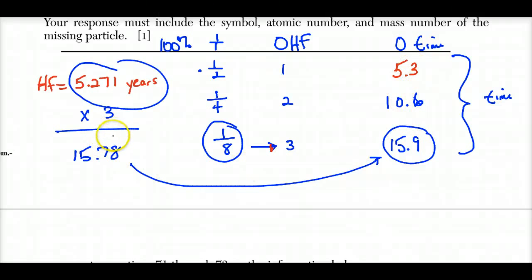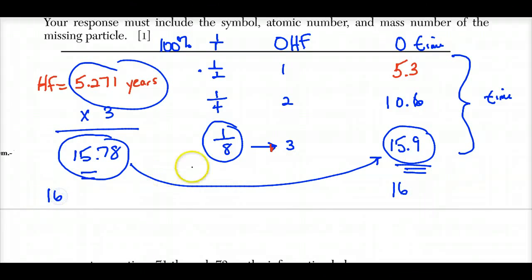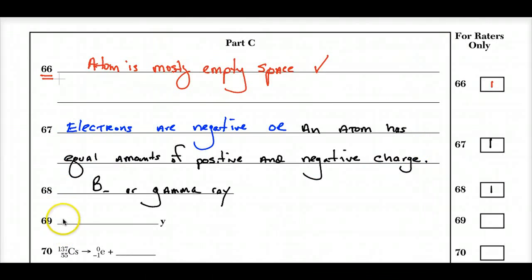They do show 15.78 in the Regents form, but I believe you'd have some leeway with 15.9, because if you rounded to 16, they'd have to take it since there are no significant figures. So these numbers are essentially the same. In any case, timesing your half-life by 3 gives you your answer. Before we go on to 70, for number 69, we put our answer down: that's 16 years approximately, or if you want to be more precise, 15.78.